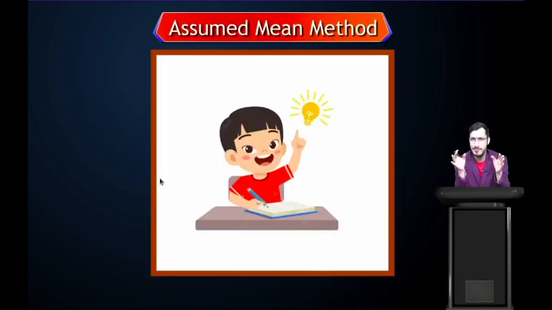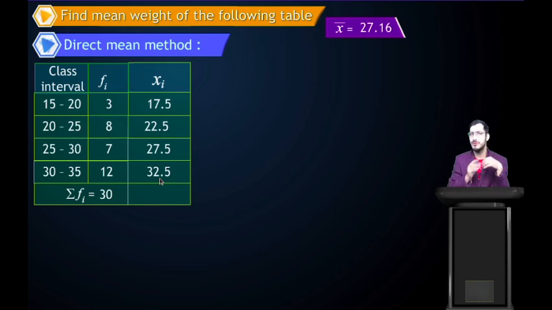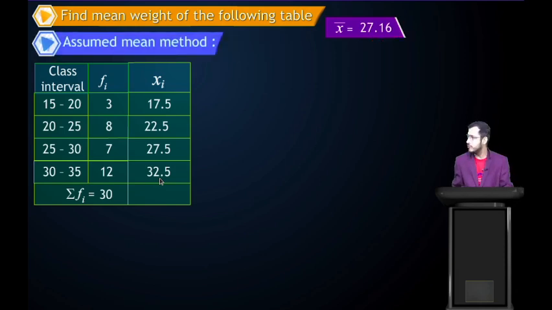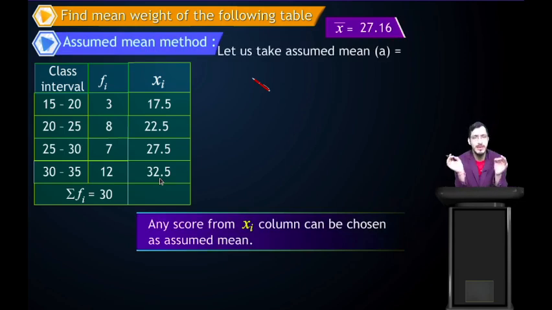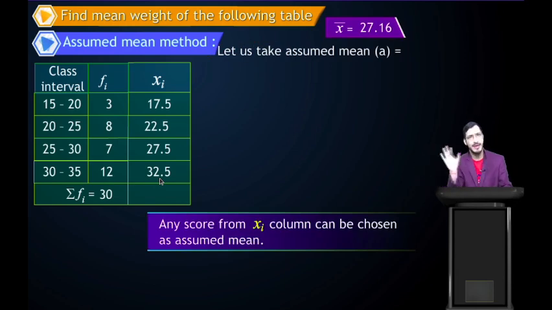So let's see the assumed mean method. The mean here is 27.16. In the assumed mean method, let us take an assumed mean A. A is any score from the xi column; it can be chosen as the assumed mean. You can see the xi column: 17.5, 22.5, 27.5, 32.5.